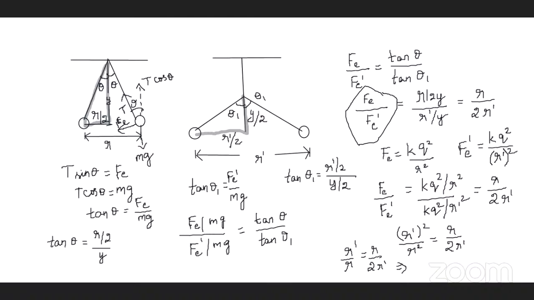So this implies 2r prime squared is equal to r squared, and this implies r prime squared equal to r squared by 2, and we need r prime equal to r by root 2. Okay, r prime equal to r by root 2. So this is the correct answer for this question, that is option B.